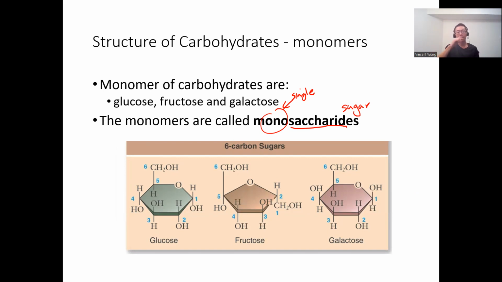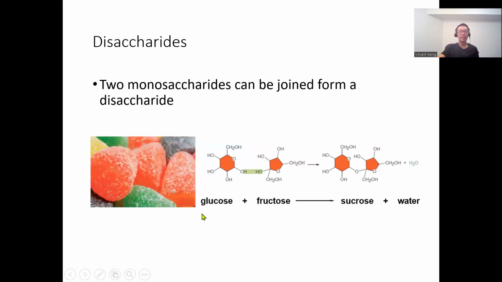Now you can connect them together using dehydration synthesis. Let's take a look. You can take a glucose and connect it with a fructose. How do you do that? I already showed you earlier. You have to remove a water molecule. You take the hydrogen from one and the OH from the other, remove the water molecule, and then you form a bond.